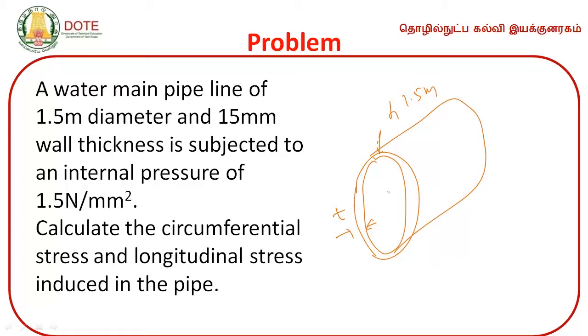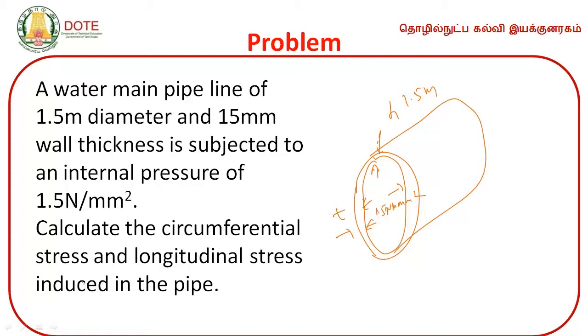It is subjected to an internal pressure of 1.5 Newton per mm square. Calculate the circumferential stress and longitudinal stress induced in the pipe.